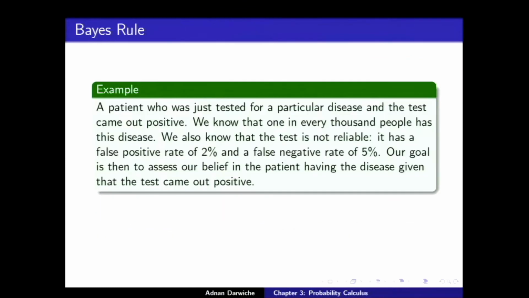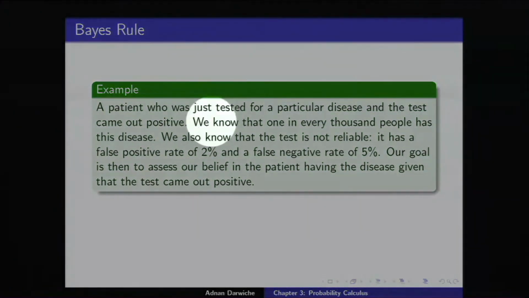And here's the classical, okay, this is a classic, right? You have to know how to do one of these problems. So it talks about a patient tested for a particular disease, and we know that 1 in every 1,000 people has this disease. We also know that the test is not reliable, so it has a false positive rate of 2%.